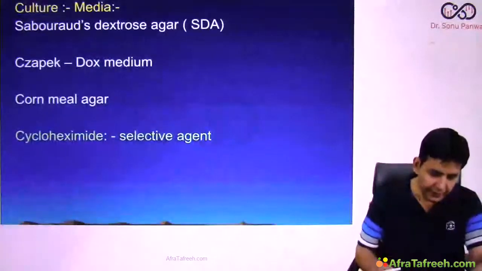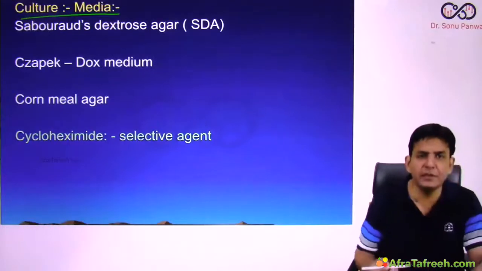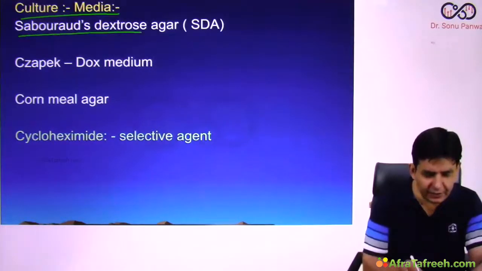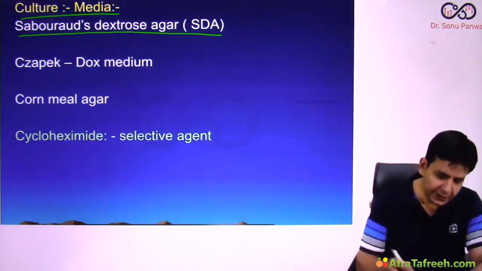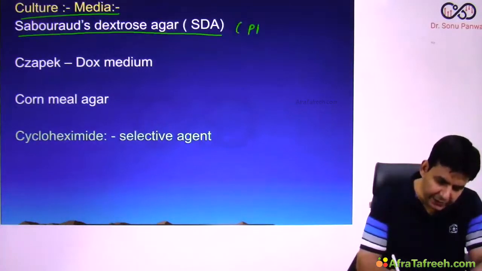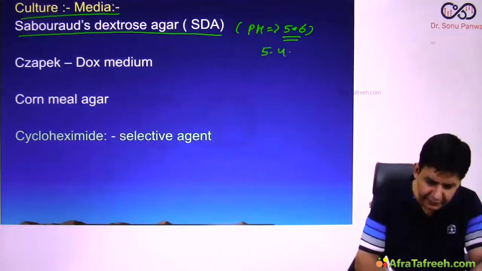Now, mainly you know what is the culture media used for the fungus? Mainly the culture media is Sabouraud dextrose agar. That is the SDA. That is the main one which is being used, and it has a pH of 5.6 roughly, or it can vary between 5.4 to 5.6.